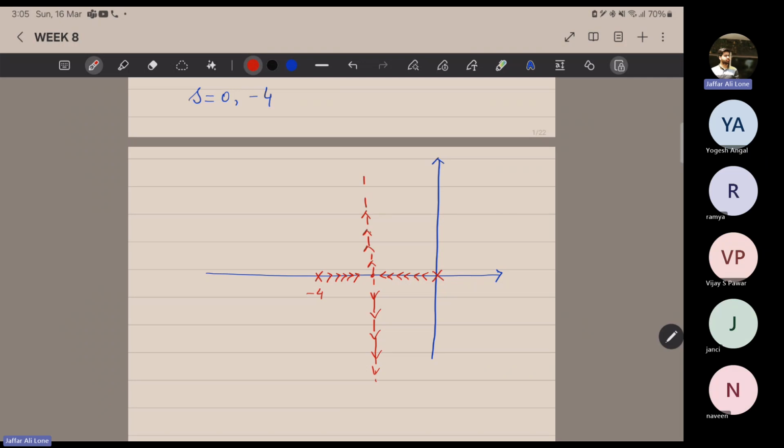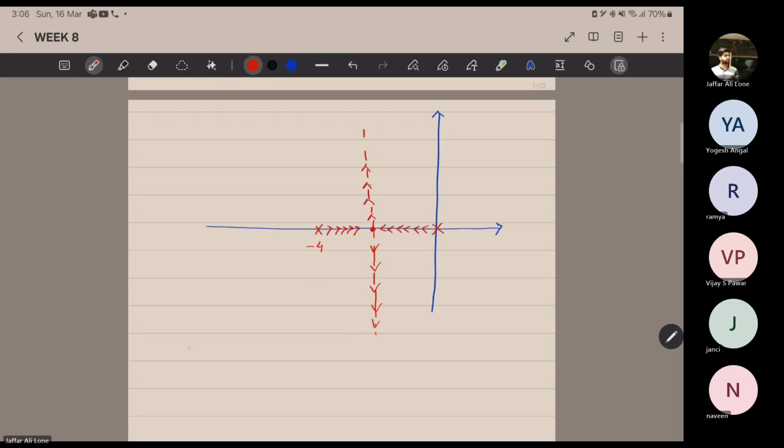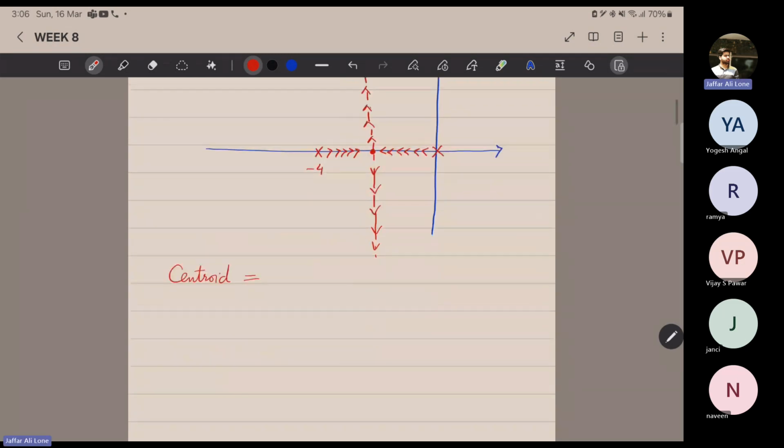So we have a root locus like this, and the angles of the asymptotes are 90 degrees and 270 degrees. So that's all clear. Now let's try to find this intersection. This is a breakaway point as well as the centroid. How is this centroid calculated?